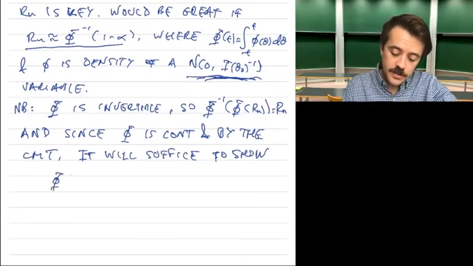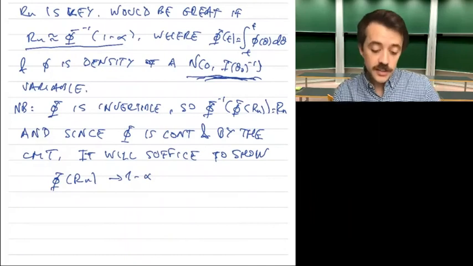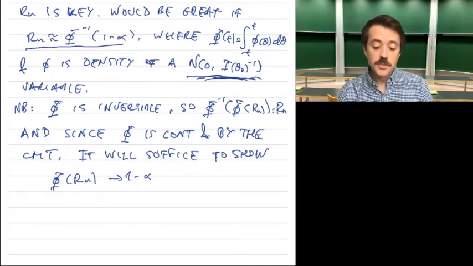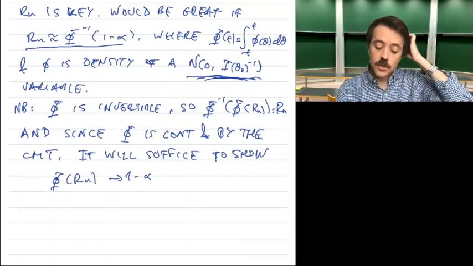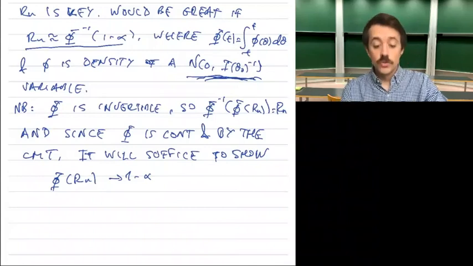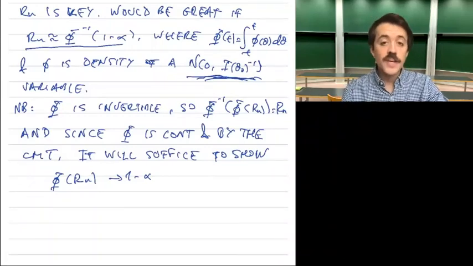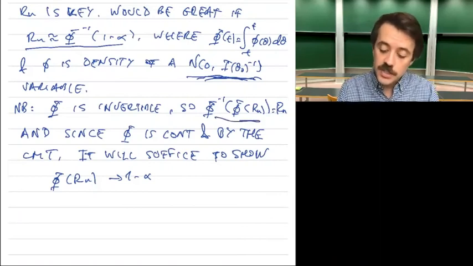phi n at Rn converges to 1 minus alpha. Yeah, because if we can show that, then because the capital Phi is going to be continuous, and we have this inverse, and actually this is strictly monotone, you can argue that the inverse is also continuous. And if the inverse is continuous, then of course you can look at the limit of the argument, I'm talking about this guy here.